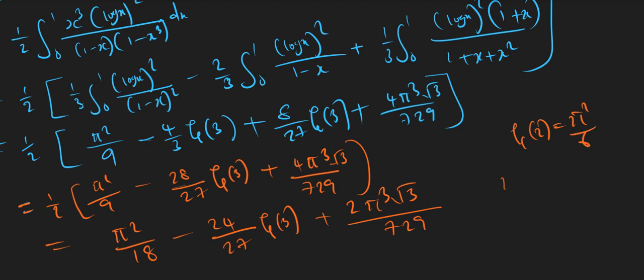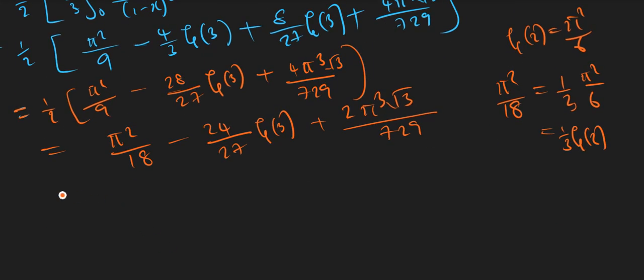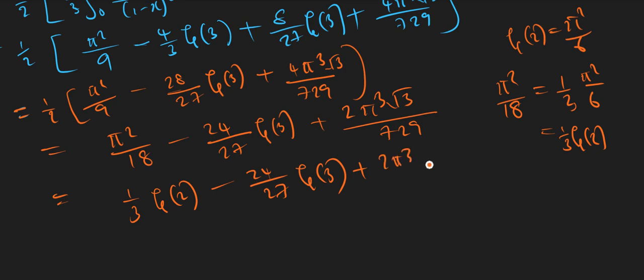So pi squared over 18 is 1/3 of pi squared over 6, which is 1/3 of zeta of 2. So you can write this as 1/3 of zeta of 2 minus 14 over 27 zeta of 3 plus 2 pi cubed square root of 3 all divided by 729.